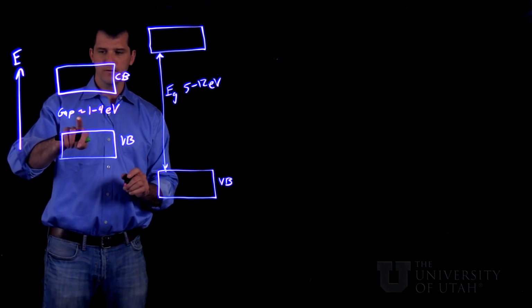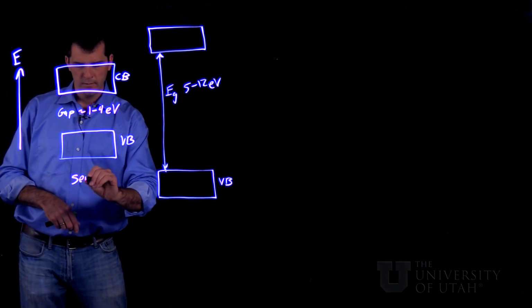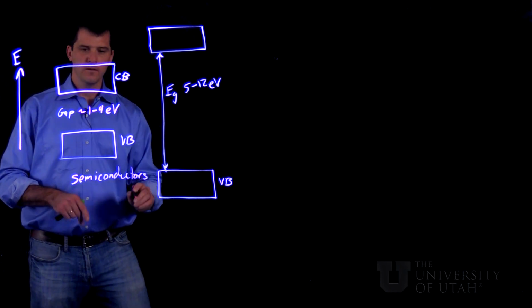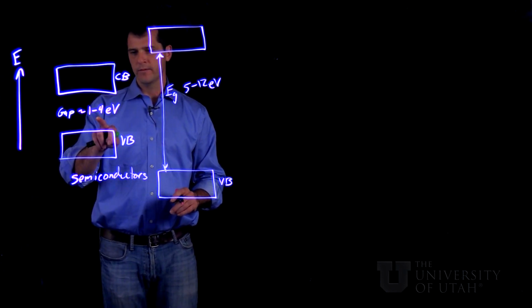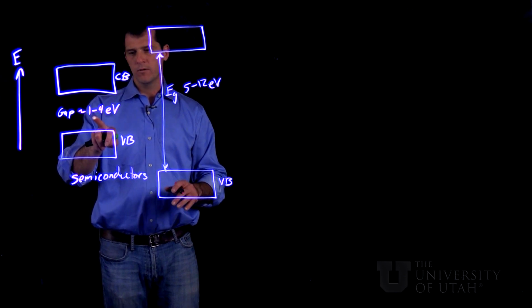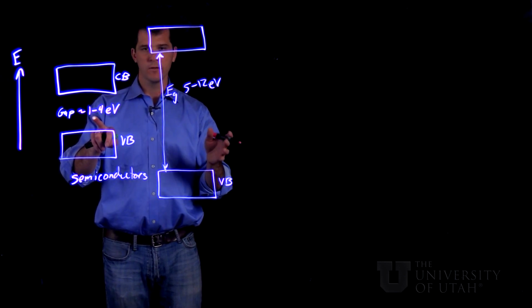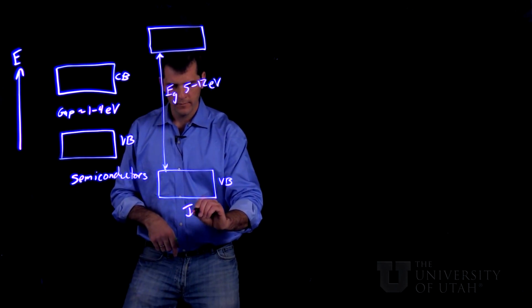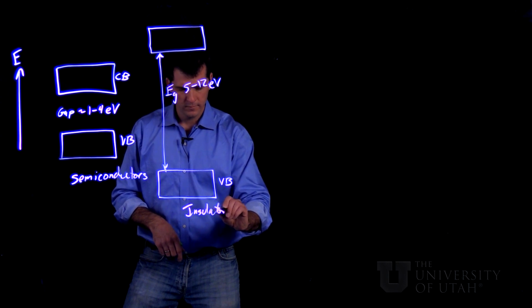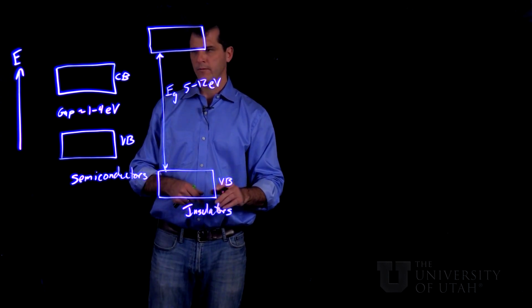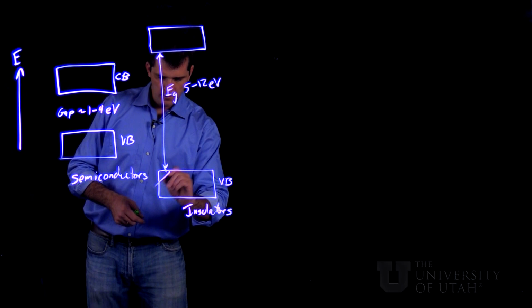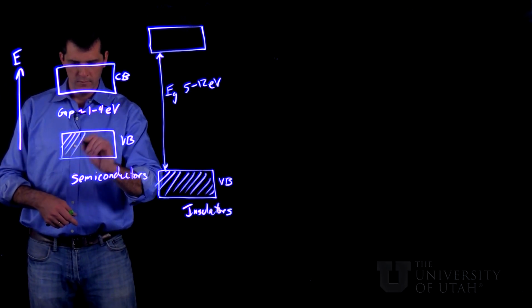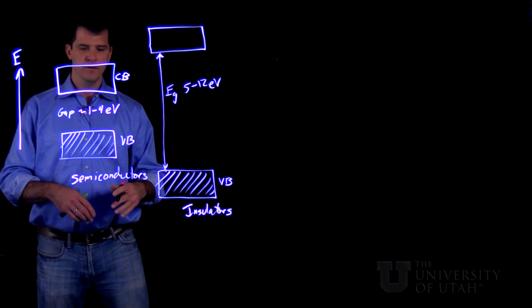So semiconductors are usually defined as having band gaps in the range of, let's say, between half an electron volt or even a smaller fraction of an electron volt up to 3 or 4 electron volts. Insulators have much bigger band gaps, but still at 0 Kelvin, the valence band is completely full of electrons, as it is for a semiconductor.